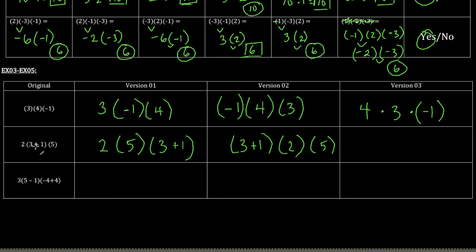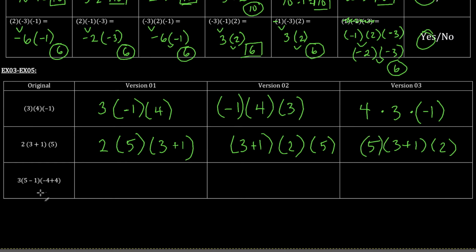Just remember that 3 plus 1 is together. So when I wrote it in front, I kept the parentheses around it. If I leave the parentheses out, then they look separate from one another, but they're together. And I could have also written 5 times 3 plus 1 times 2. I like writing it with parentheses. I could have written it like that.